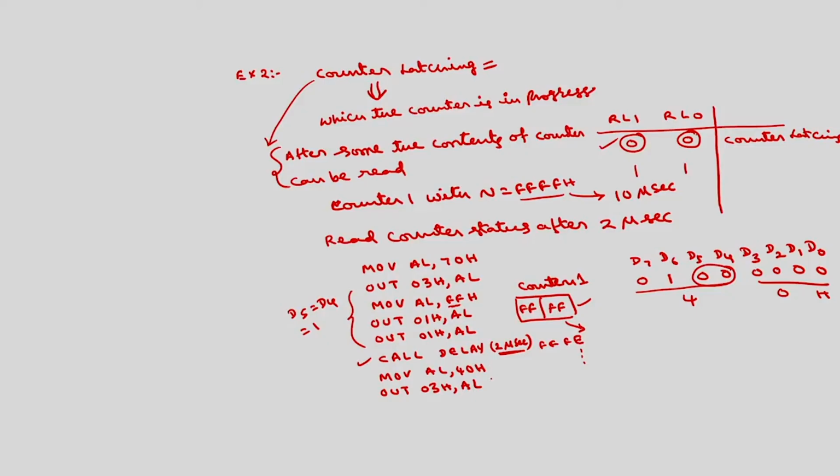So with these two instructions, the counter will be latched. Whatever the contents of this counter at that time, whatever the count, say some E540H after this second, will be latched onto a register. So this register's contents we can read into the microprocessor, then we have to jump here itself.